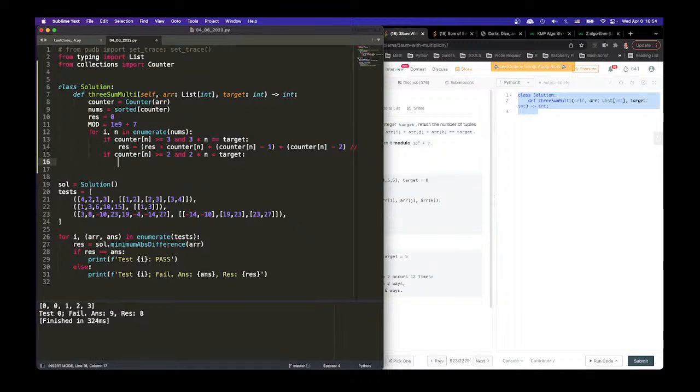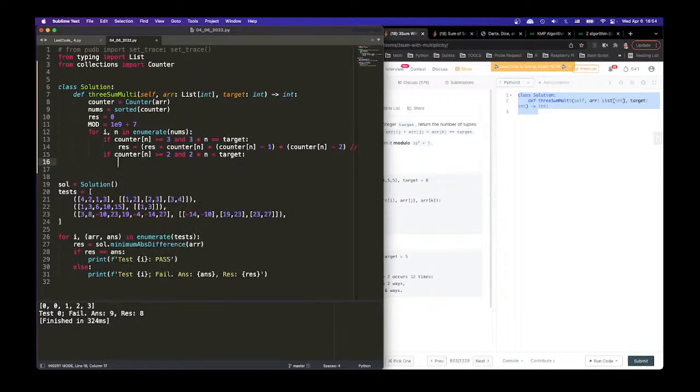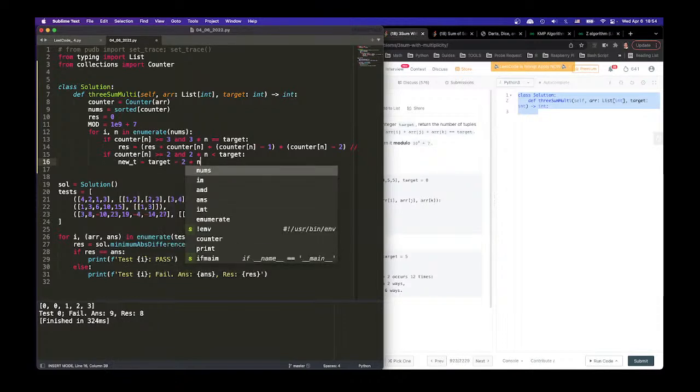We say new target, new t, equals target minus 2 times n.